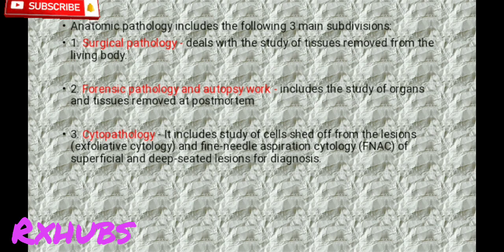Anatomic pathology includes the following three main subdivisions: surgical pathology, forensic pathology and autopsy work, and also cytology, which is the last one.